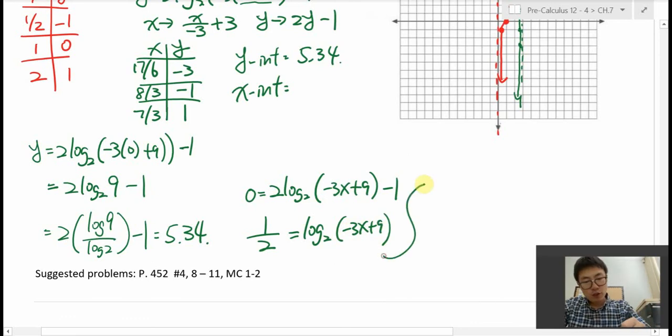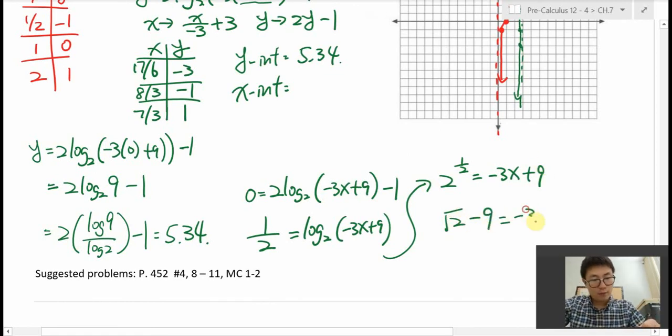We can then change this into exponential form, so 2 to the power of 1/2 equals negative 3x plus 9. Recall 2 to the power of 1/2 means square root of 2, so this is root 2. Then move the 9 to the left, so root 2 minus 9 equals negative 3x, and therefore x is going to be root 2 minus 9 divided by negative 3.